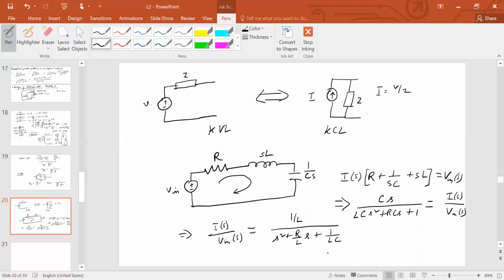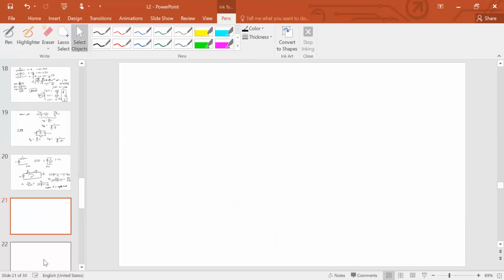Now suppose R is negligibly small. In a moment, it will be clear why I'm making this assumption, because I want to give you a practice for Laplace transform.